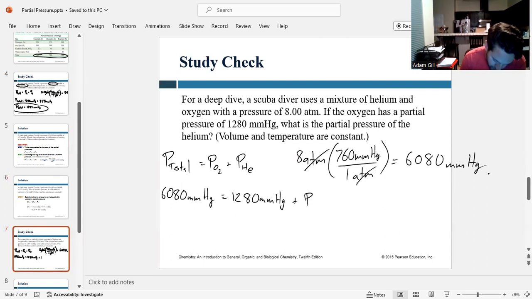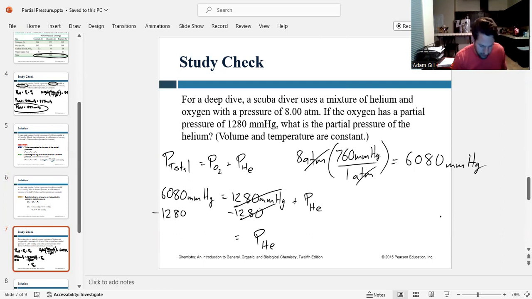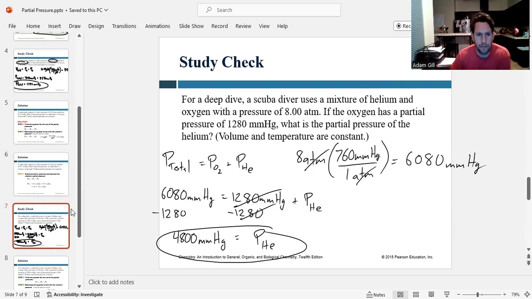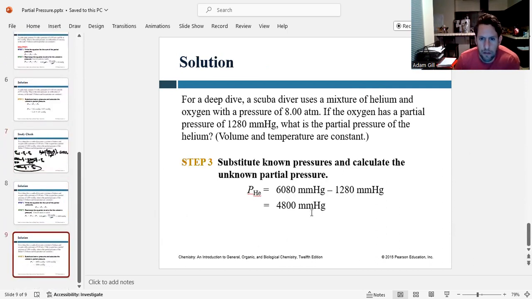And what we don't know is the partial pressure of the helium. So if we're trying to solve for this, we got to subtract 1280 from both sides. So the pressure of the helium should be equal to 6080 minus 1280, about 4,800 millimeters of mercury. Looks like we did it right.